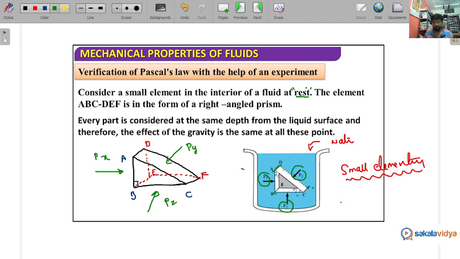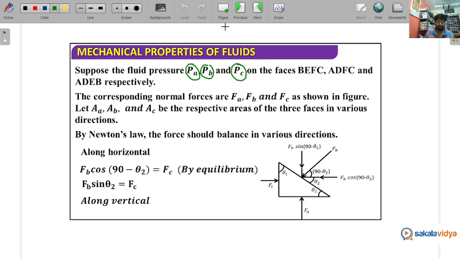So here F1, F2 and F3 are the forces acting on this elementary section. In similar fashion, PA, PB and PC are the pressures acting on this elementary section.